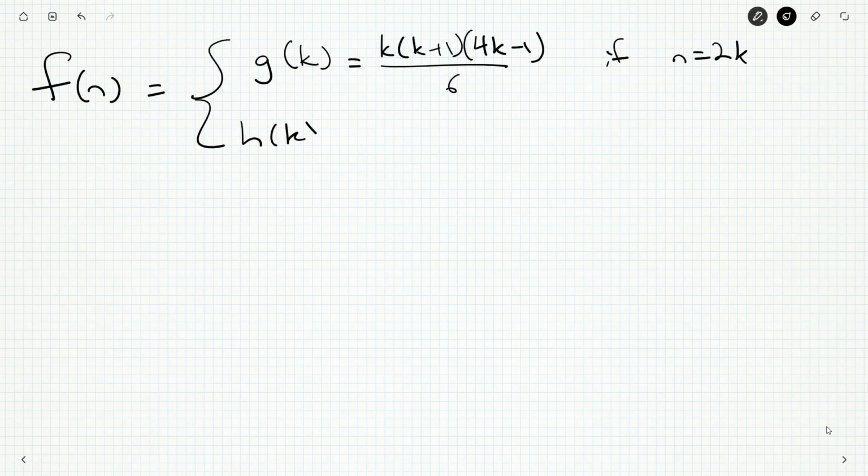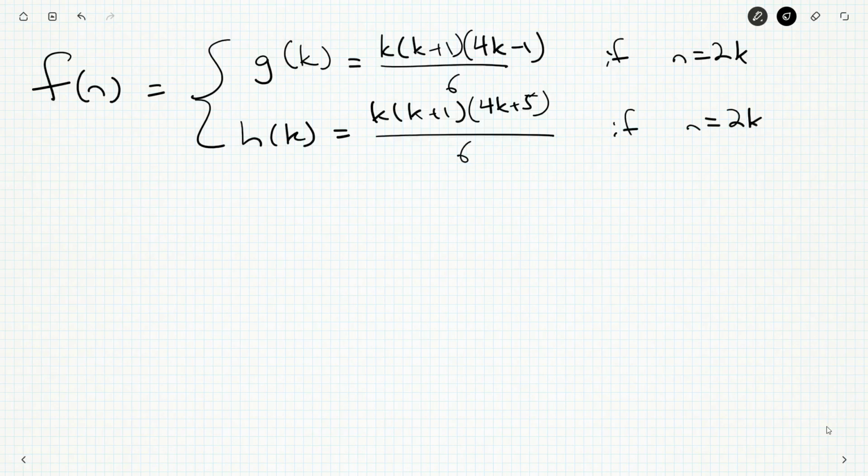And it's h of k, which is k times k plus 1 times 4k plus 5 all over 6 if n is k plus 1. All right. We have closed forms. I am much happier with this.